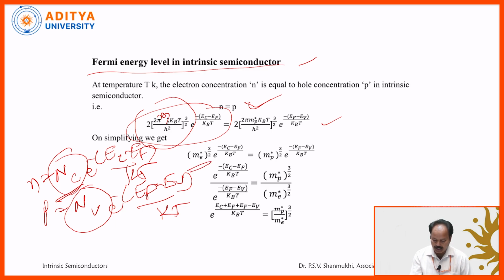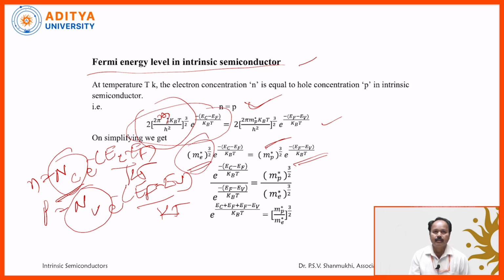Here we are writing me star whole power 3 by 2 e power minus of (Ec minus Ef) by kT is equal to mp star whole power 3 by 2 e power minus of (Ef minus Ev) by kT. Actually me star is the effective mass of the electron in the conduction band, mp star is the effective mass of the hole in the valence band. So writing this term in the LHS and me star in the RHS, what do you get here?